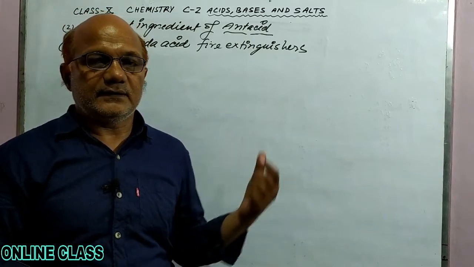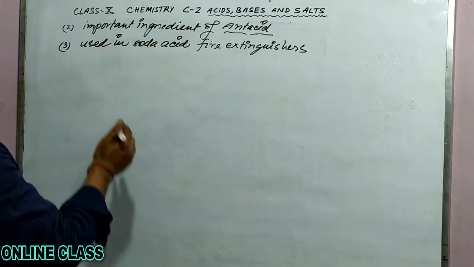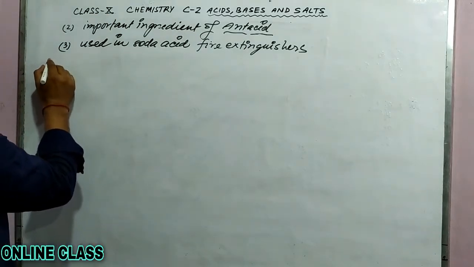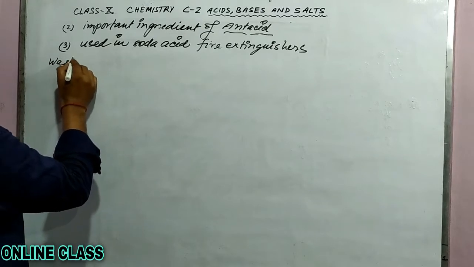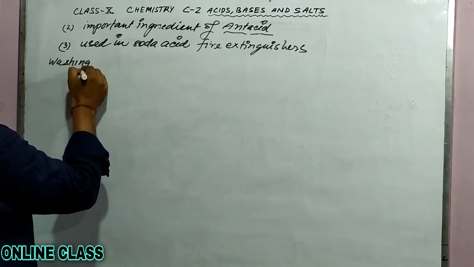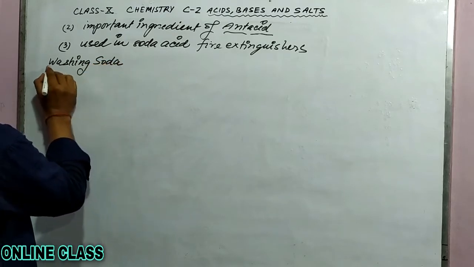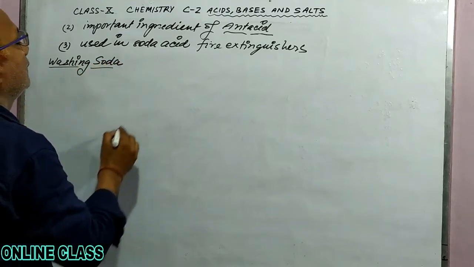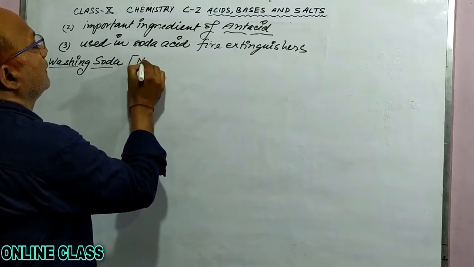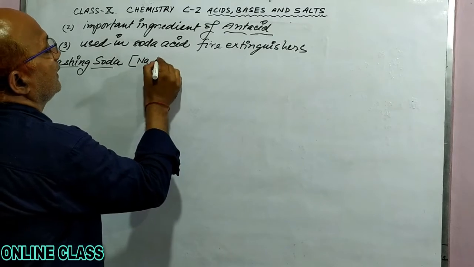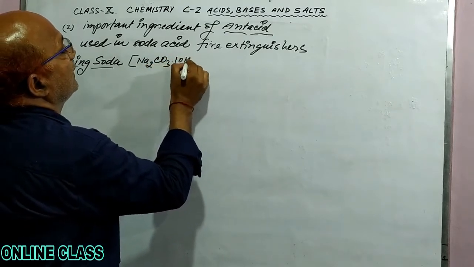Let us take one more important chemical, and it is washing soda. Its chemical formula is Na2CO3 dot 10H2O.